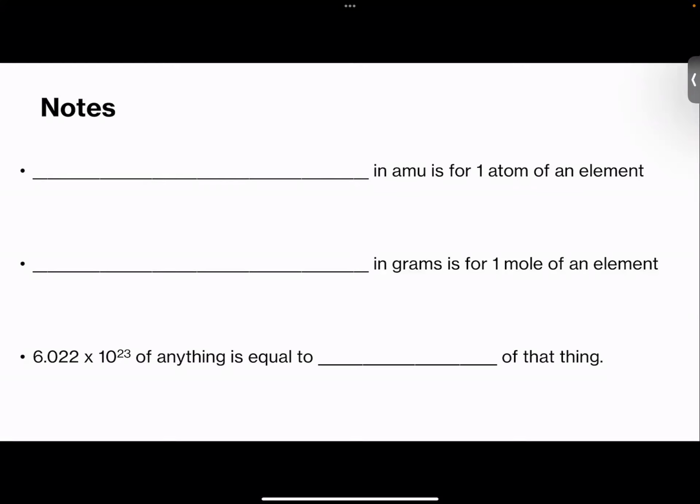So, if we take the average atomic mass in AMUs, we're talking about one atom of the element.